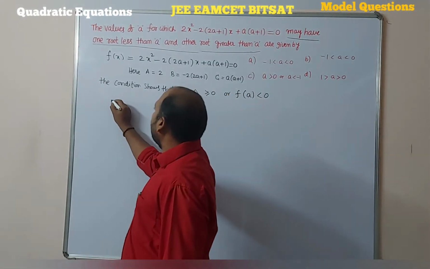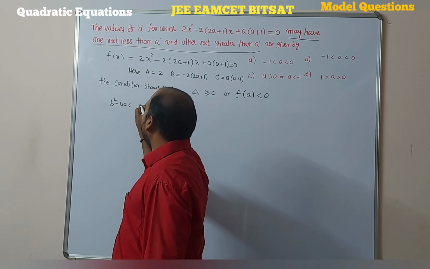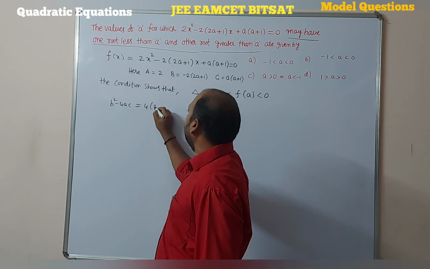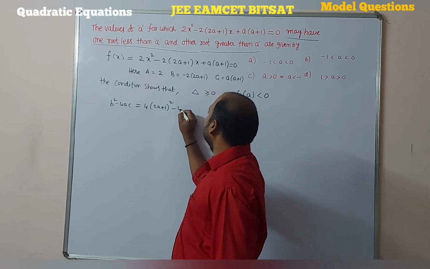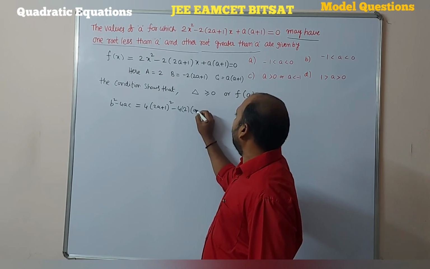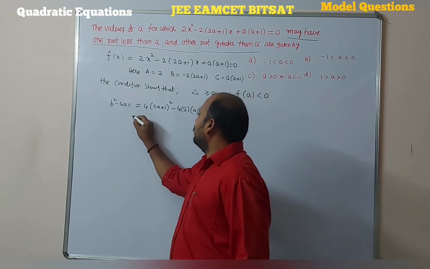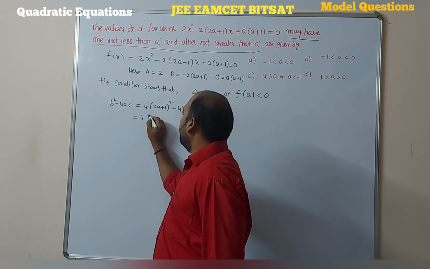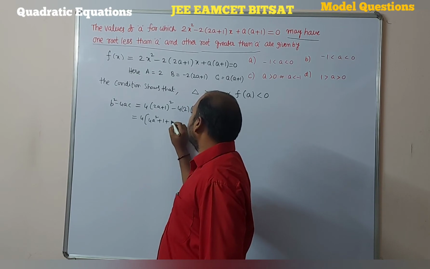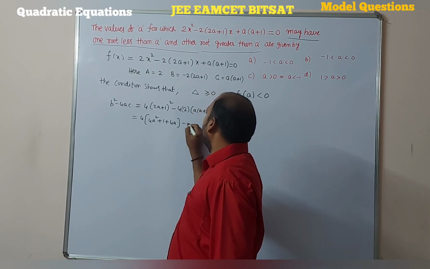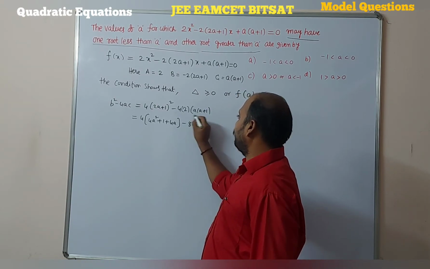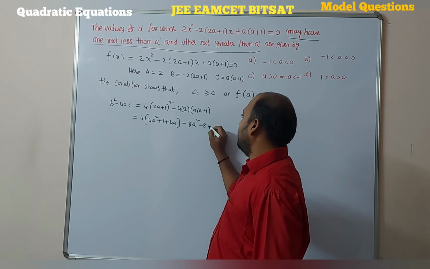So delta means b square minus 4ac. We are verifying that. B square means this value whole square: 4 into (2a plus 1) whole square minus 4 times A, which is 2, into C value, a into (a plus 1). Which is equal to 4 into (4a square plus 1 plus 4a) minus 8a square minus 8a.